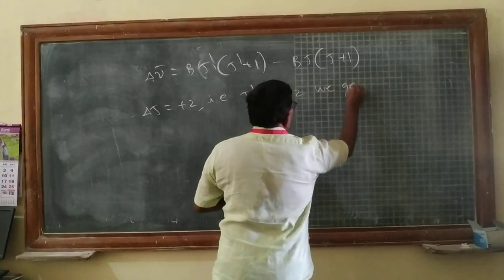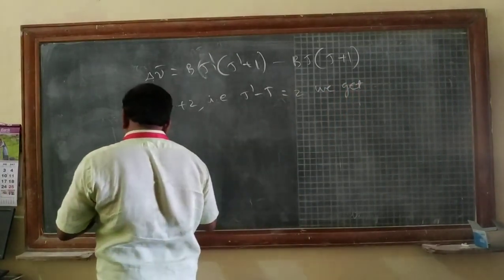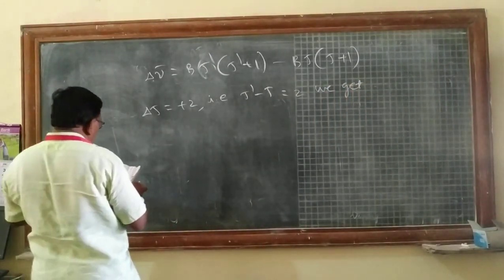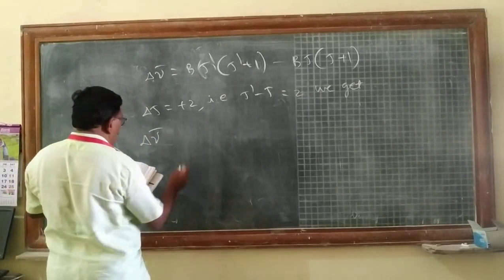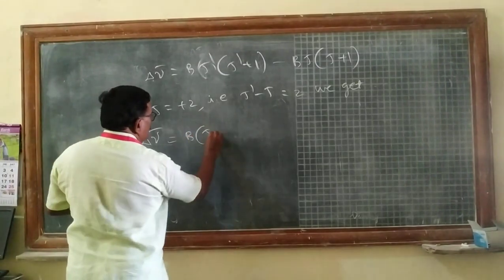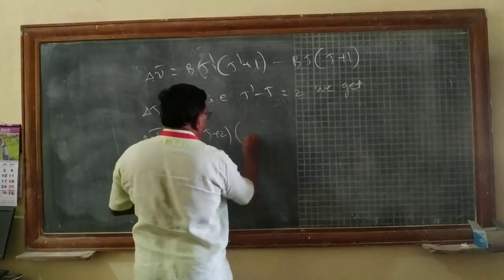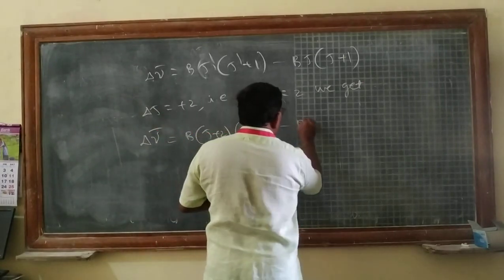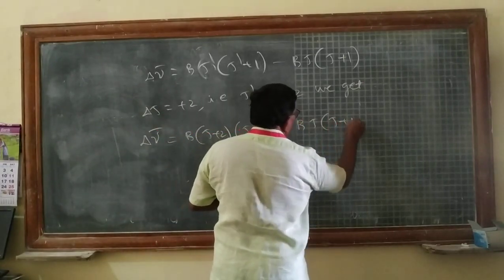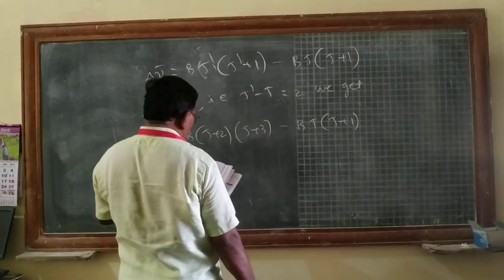Delta nu bar is equal to B into J plus 2 into J plus 3 minus B into J into J plus 1.